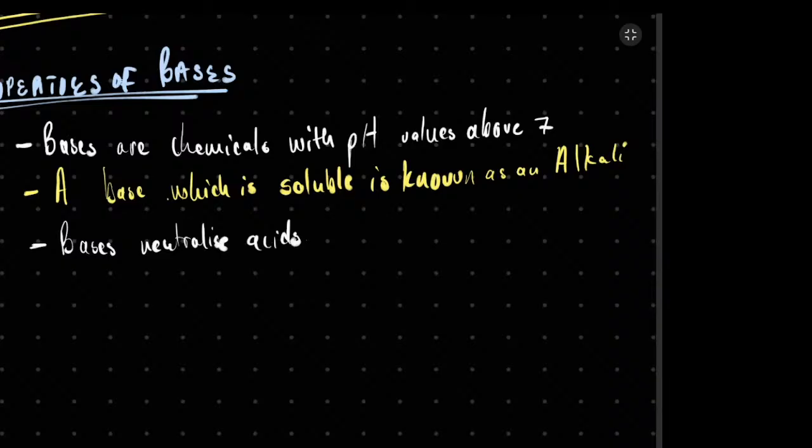You will test the pH after adding the base, and you find the pH now being 7 or above 7. Then you say, how did that happen? It shows that you added a substance which is called a base. So bases neutralize acids.